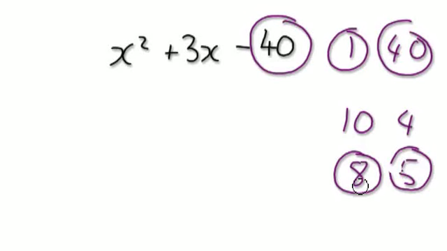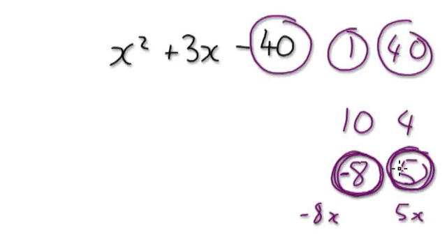If you stick a negative with the 8, you're going to have minus 8x later on, and then 5x. When you come to merge the two together, it will give you negative 3x, but we want positive 3x. Well, anyway, we know it's going to be 8 and a 5. It turns out to be negative. Make the 5 negative and the 8 positive.